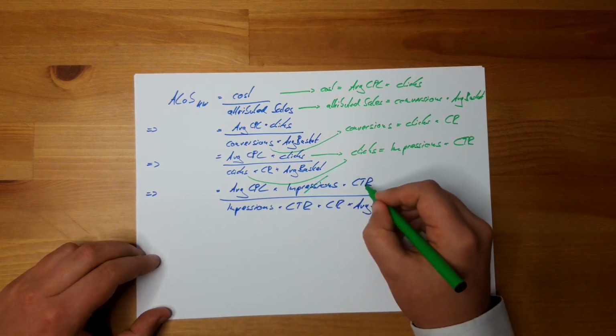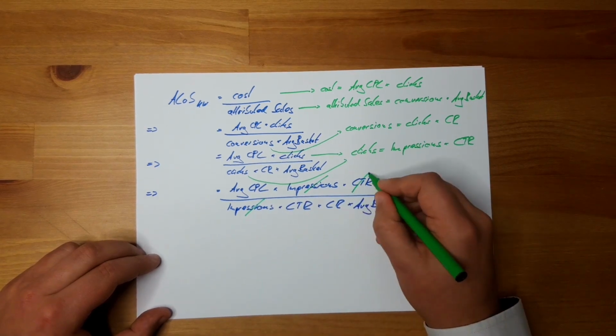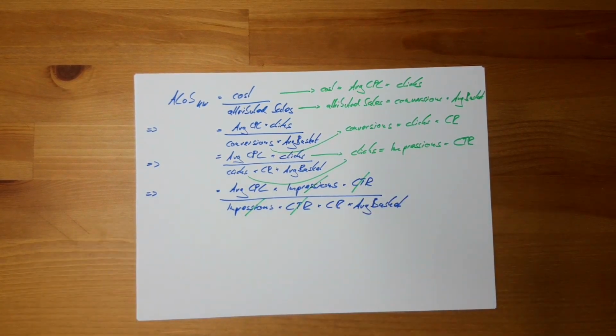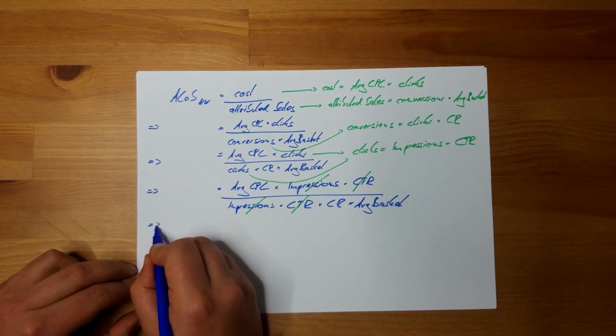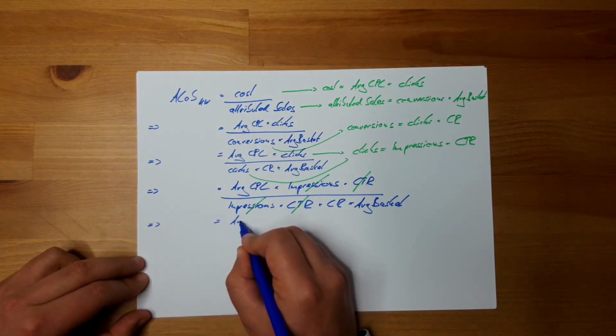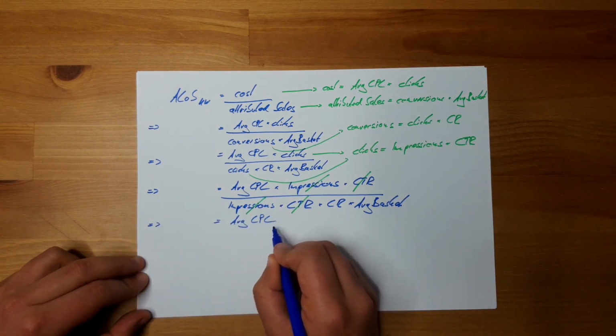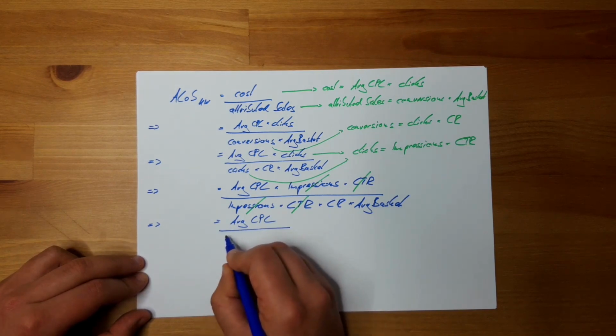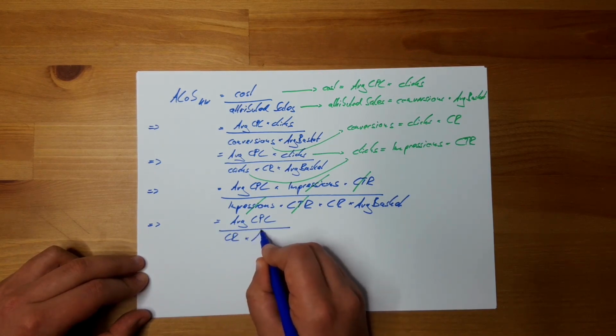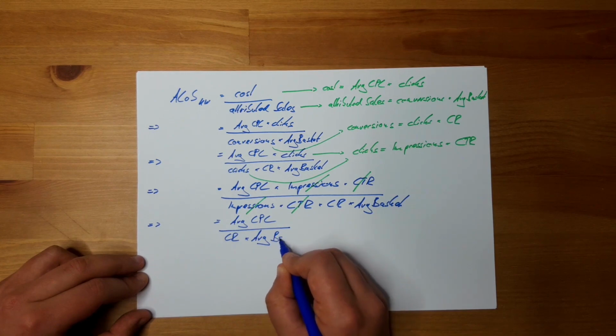And now we can cancel out impressions and click-through rates. So our end result is ACOS KW, our keyword-specific ACOS, equals average cost per click divided by conversion rate times average basket. Impressions are not part of our formula.